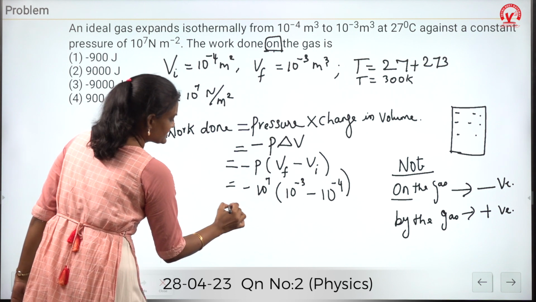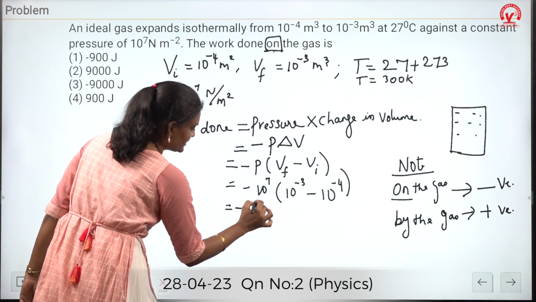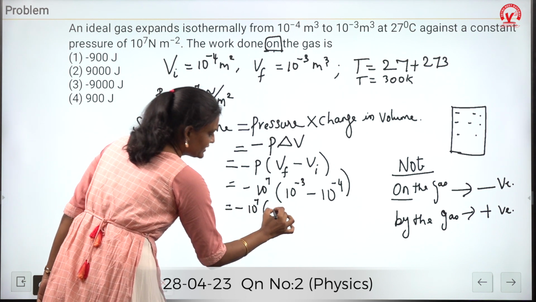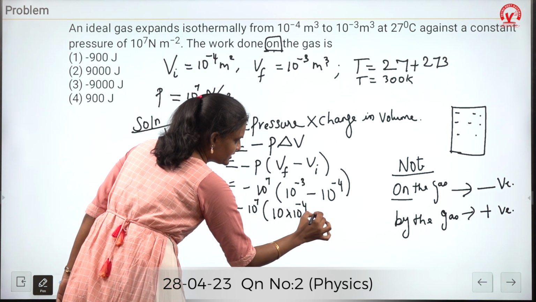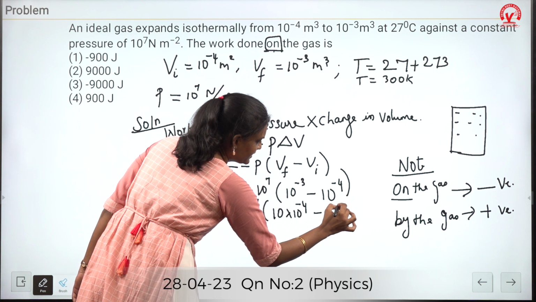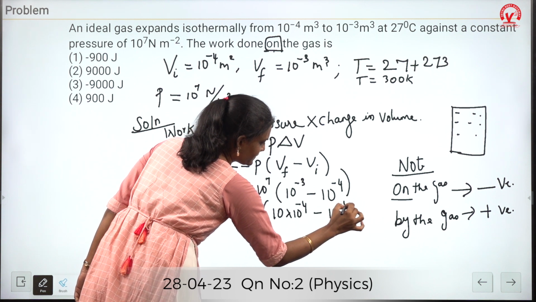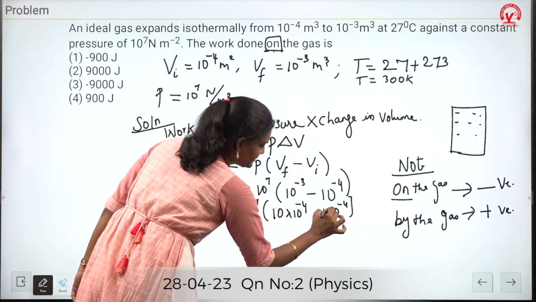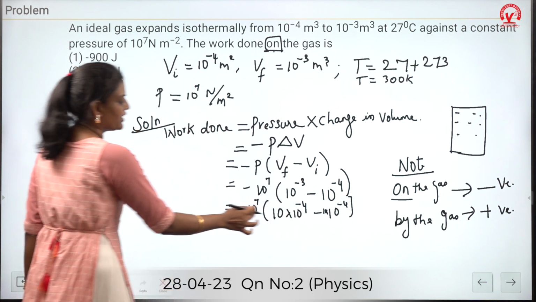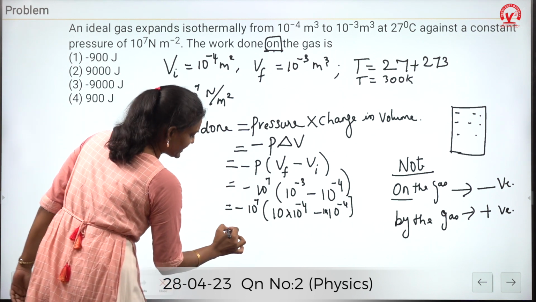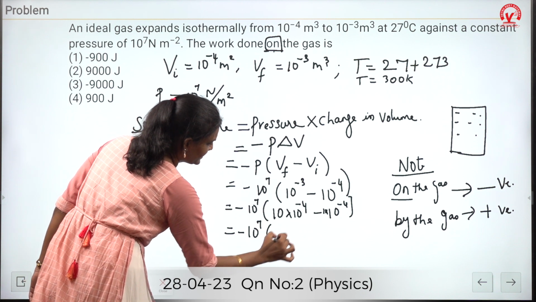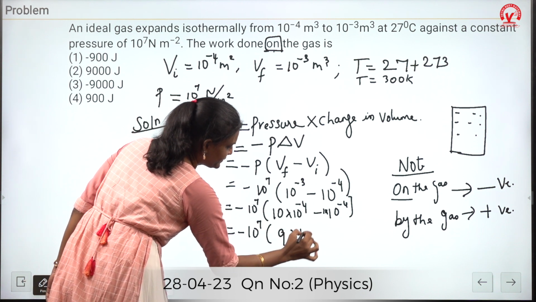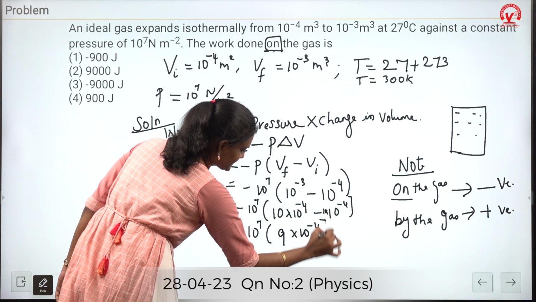And this can be written as minus 10 power 7 into, 10 into 10 power minus 4 minus 1 into 10 power minus 4. Now 10 minus 1 is 9. So 10 power 7 into 9 into 10 power minus 4 we are getting.